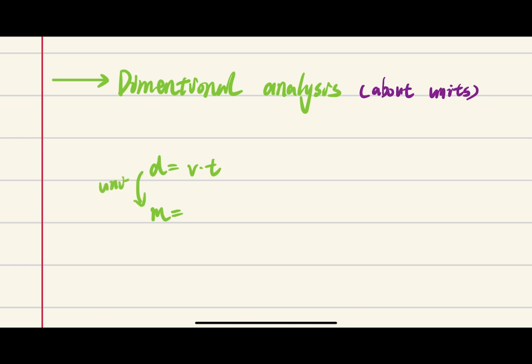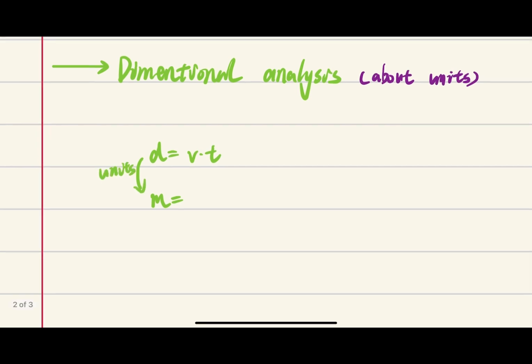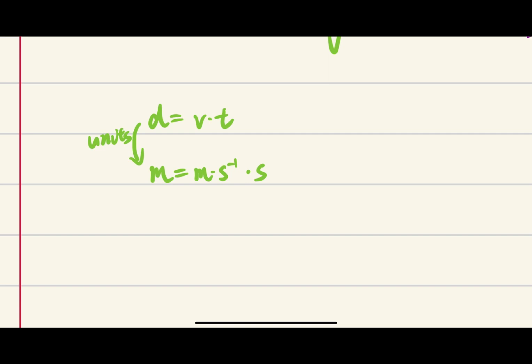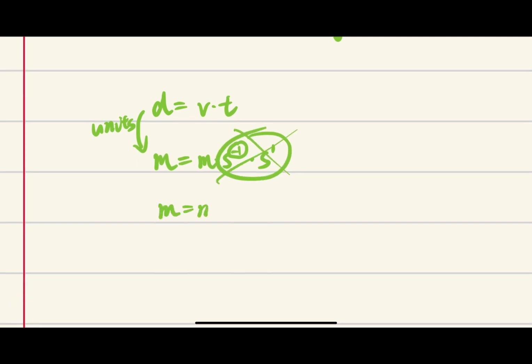Displacement is in meters, and velocity is in meters per second. Remember to write it in this form, meters per second, times seconds. Using our exponents rule, there is a power of -1 and a power of 1, and when they combine, they cancel out. So meters equals meters, which means this is a valid equation.